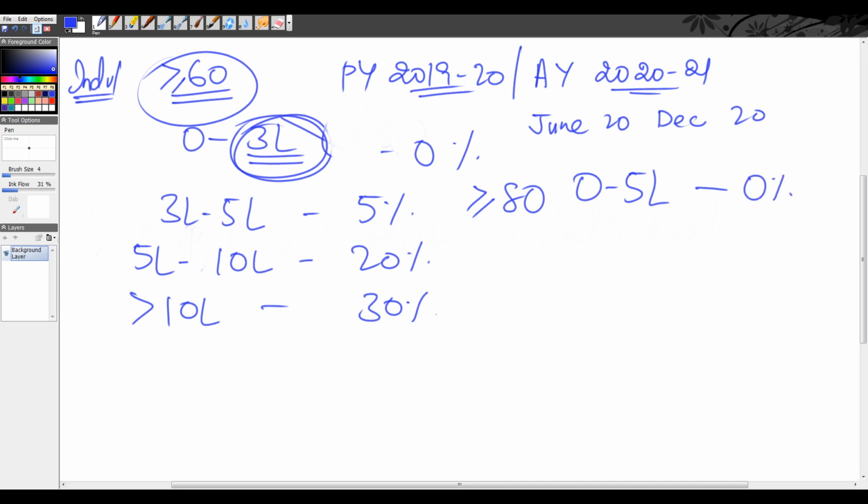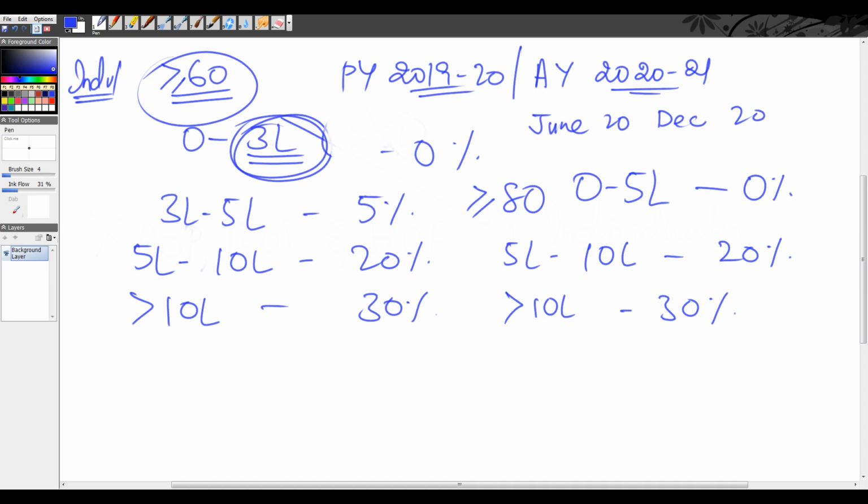Tax will not be charged. Again, the rest of these slabs will be as it is. 5 lakh to 10 lakh, it will be 20%. And above 10 lakh, it stands as it is at 30%. So this is the slab or rates of taxes for both individuals and the other types of assessees.